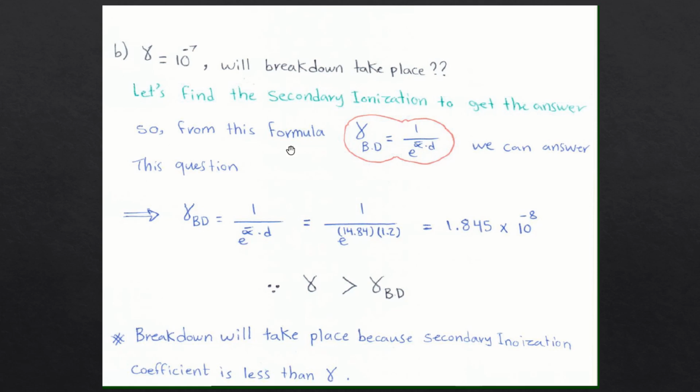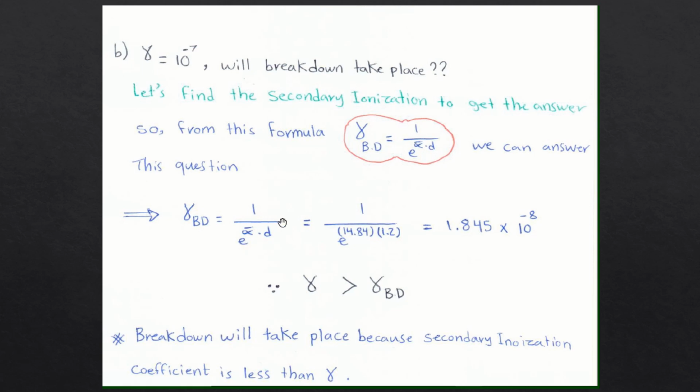From this equation, the secondary ionization breakdown formula is equal to 1 divided by e to the power net ionization times distance. So we know all the values here.